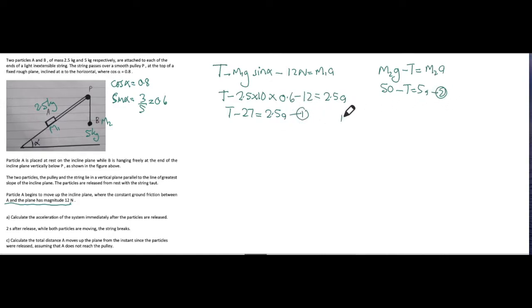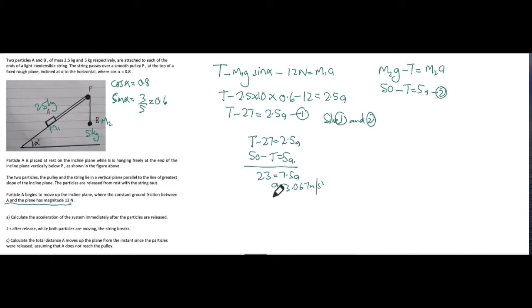Solve 1 and 2. T minus 27 equals 2.5a, and 50 minus T equals 5a. From here you get 23 equals 7.5a, so a equals 3.067 meters per second squared.